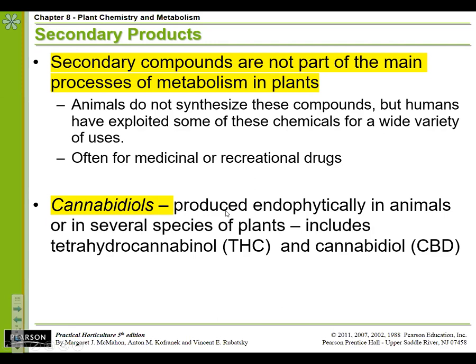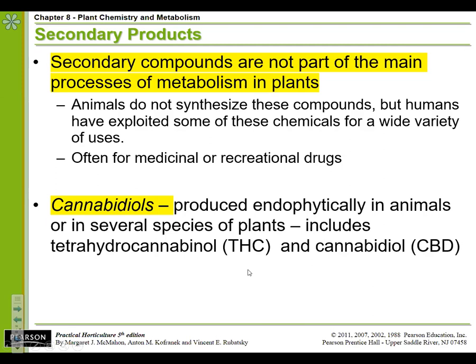These are just molecules that are found, for instance, in the cannabis family of plants, and have become important lately, even in Virginia here, the CBD for its medicinal uses. Think of the THC as being part of the recreational use of the drug, but they're also looking at it for potential medicinal uses as well.